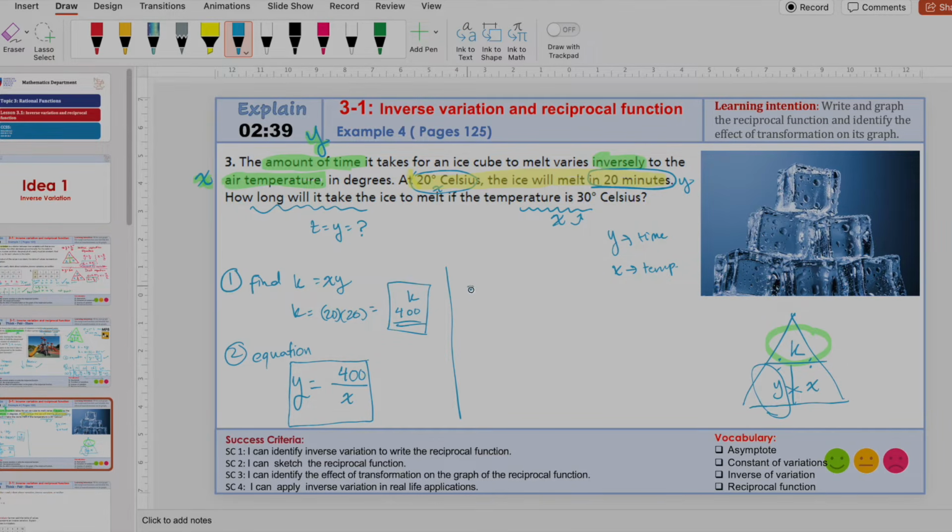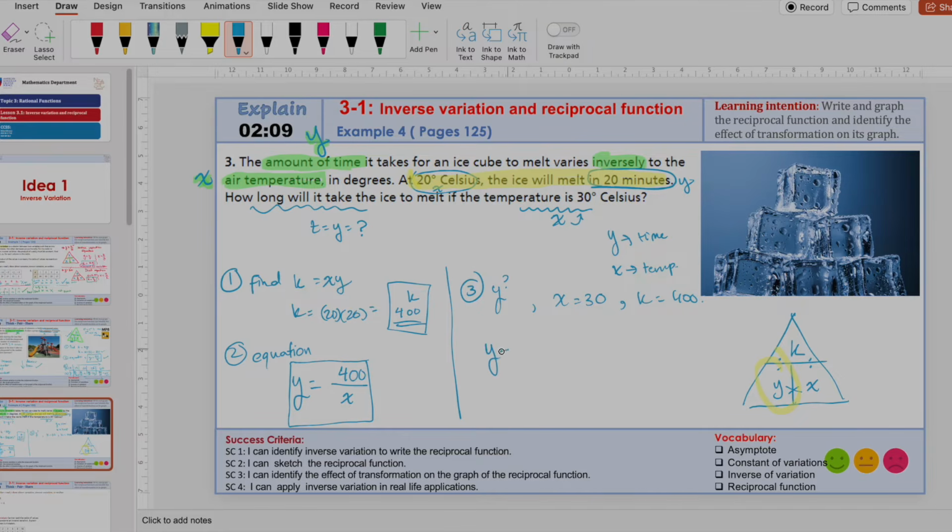Then answer their question. They're asking how much time, they want the y when the x is 30. And I know that the k is 400. It's a physics question. Anyways, so how do we do that? Use the triangle again. So hide your y, I want to find the y. What do you have left? K and x. So you need to divide k and x.